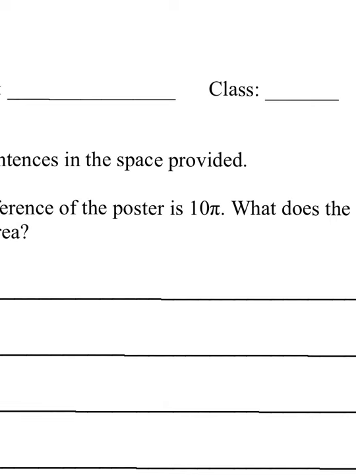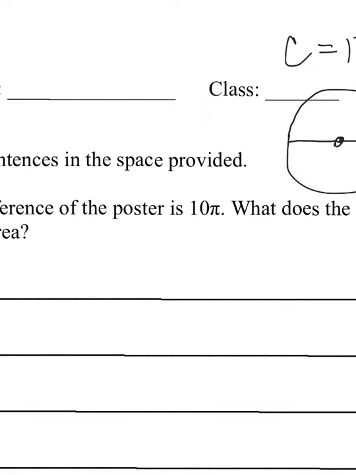Before you start writing, go up into the corner and draw a circle. And draw the line across, which represents the diameter. Now we know that C is 10 pi. It says that circumference of the poster is 10 pi.